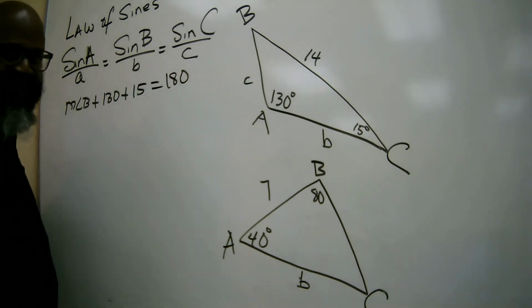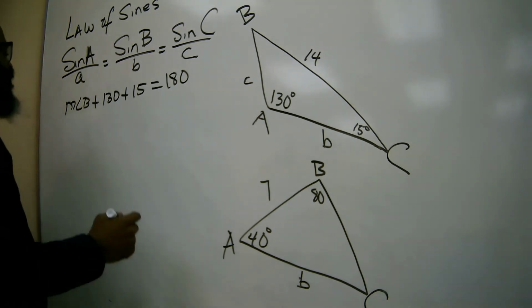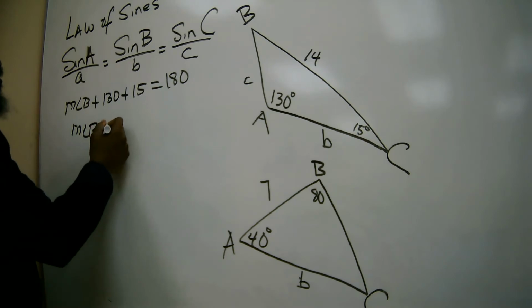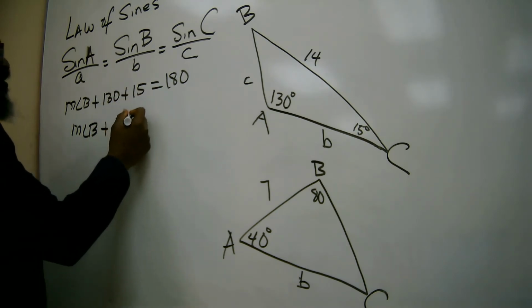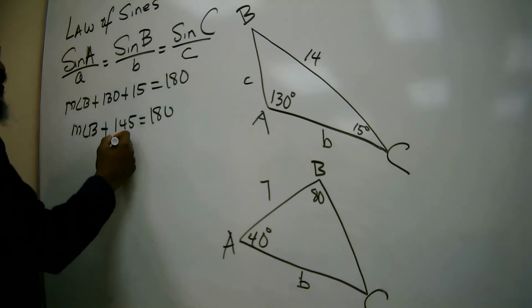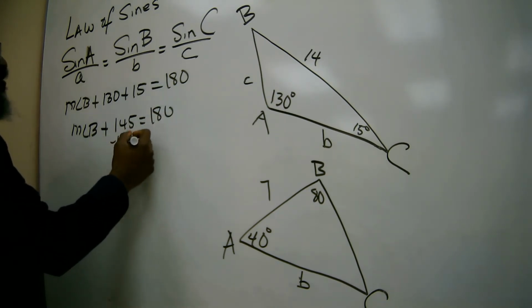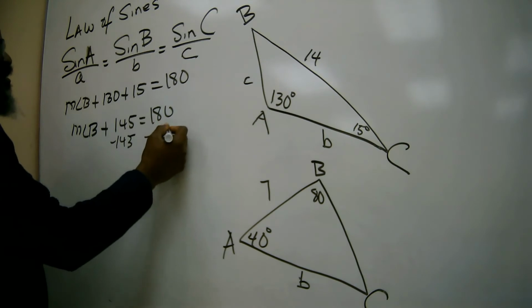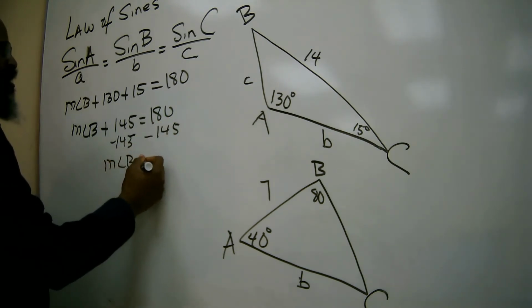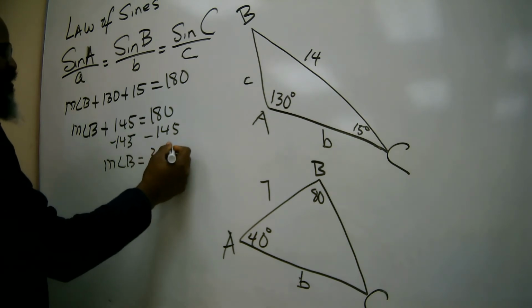So we need to find the third angle. 130 plus 15 is 145, is equal to 180, and subtract 145 from each side. Then you will find that measure of angle B is 35 degrees.